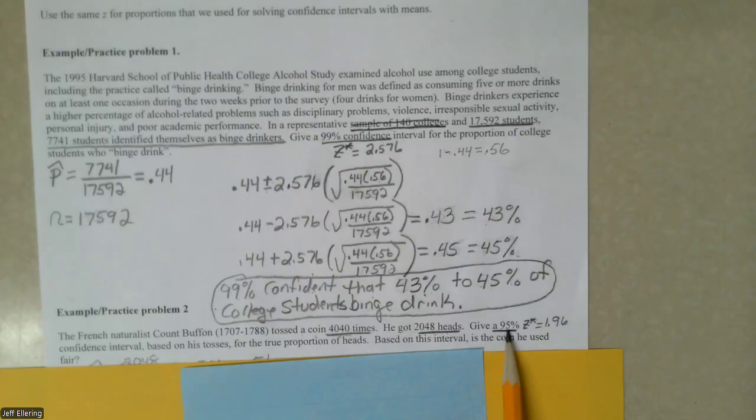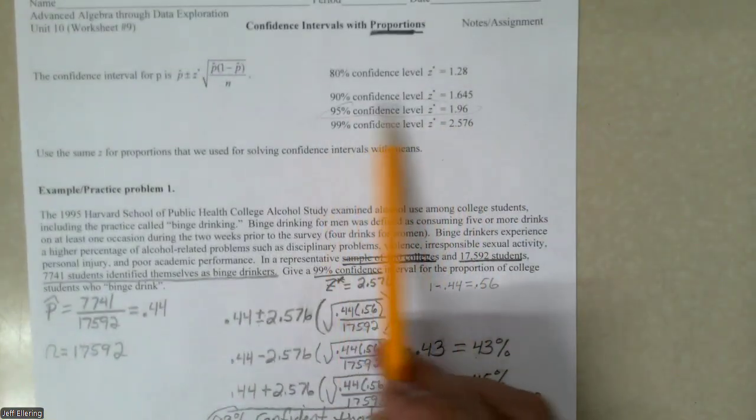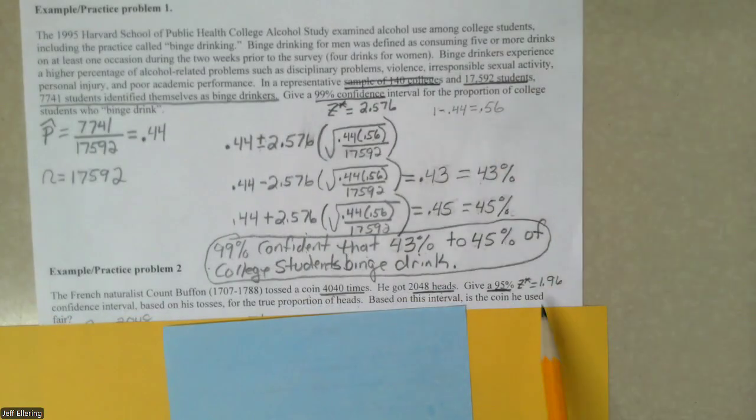Give a 95% confidence interval based on his tosses for the true proportion of heads. Based on this interval, is the coin used fair? So 95%. That's our Z star, 1.96, and I wrote that off to the side right here.